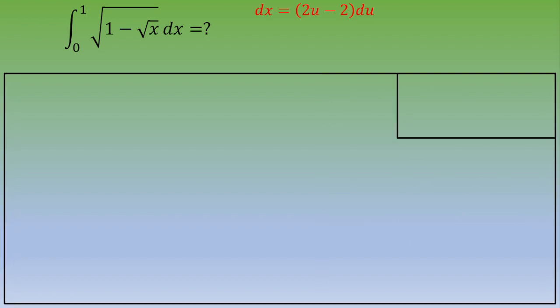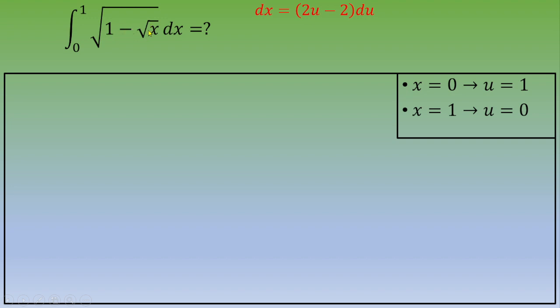So we are going to write this down as a soft reminder. Now let's talk about boundaries. If x equals 0, you plug 0 there. This is 1 minus 0, this is 1. And if x equals 1, you end up with 1 minus square root of 1.